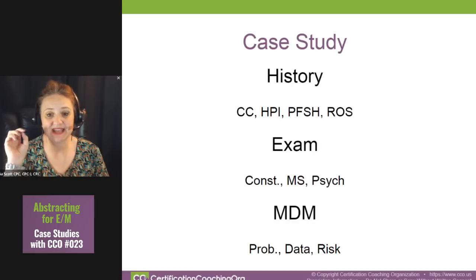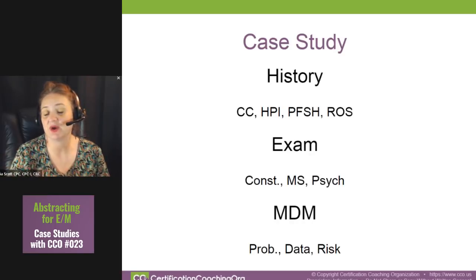Then we have our exam. The exam is the hands-on part. So what's the constitution of the patient? What is the MS? What's the psych maybe that we're doing? Then medical decision making. Is it a new problem or an established problem? Right? What's the data that I need to review? As the provider, what's the data that I need to document on?